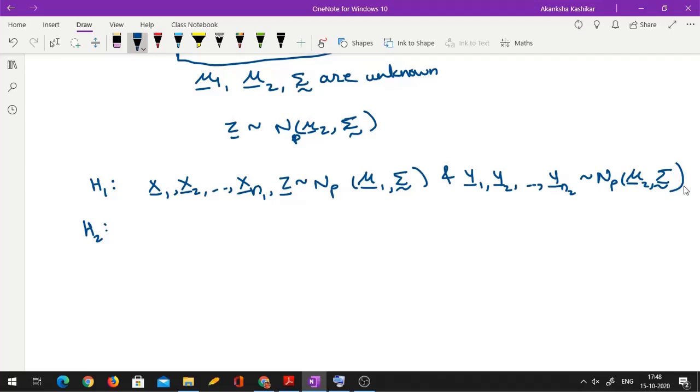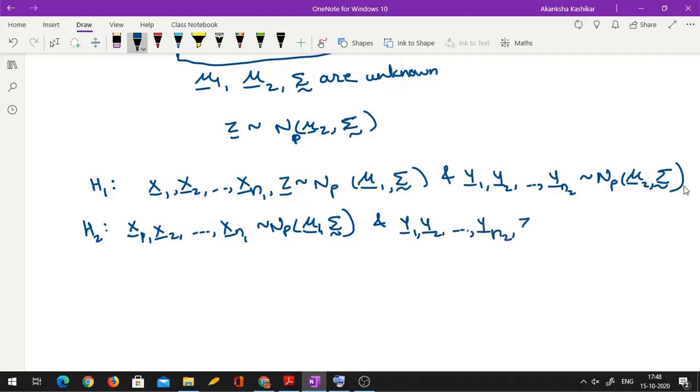And the second hypothesis is that x1, x2, xn1 come from the first population, and y1, y2 up to yn2 and z come from the second population.